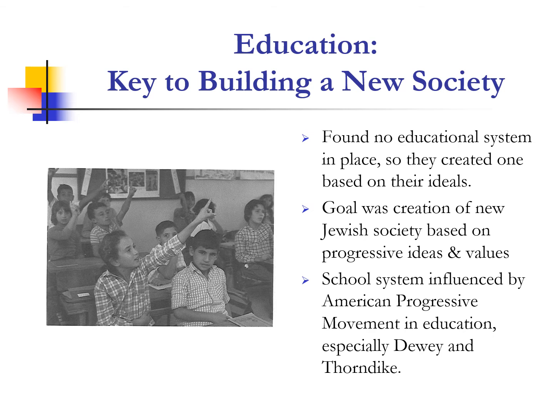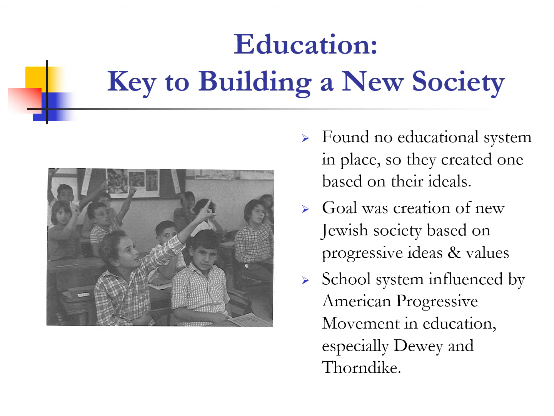They saw education as fundamental, as being the key to building this new society. And when they arrived in the land of Israel, they didn't find anything that looked like an educational system in place, so they created their own based on their ideals. The goal was the creation of a Jewish society that was at one time based on the image of the Bible, but also based on progressive ideas and values.